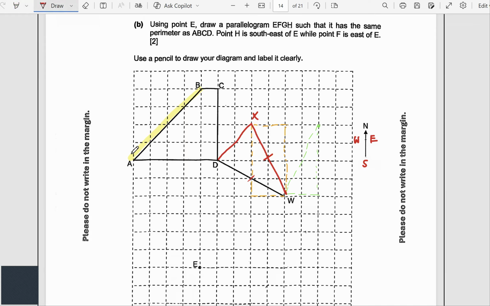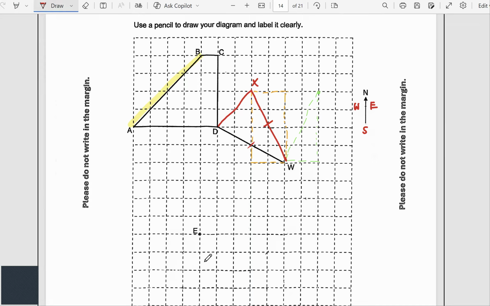Because your parallelogram, you have two diagonals. Okay, the rest are all straight lines. So the straight lines are easy to draw. It's the diagonals. You have two pairs of diagonals. You have to break this into half. So each part will cut across two squares. I mean, two diagonals of each square.